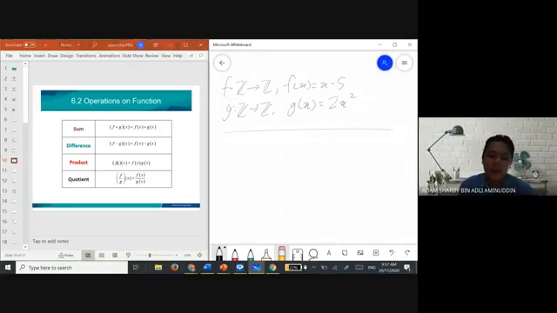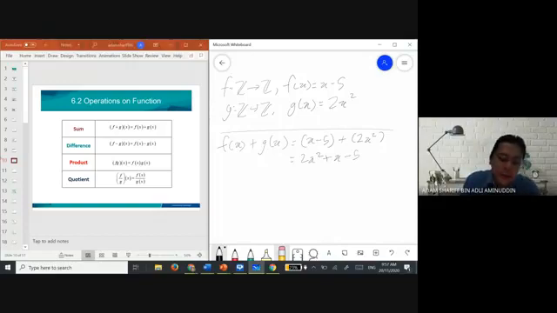If you need to find the sum of f(x) plus g(x), you just add up x minus 5 plus 2x squared. It becomes 2x squared plus x minus 5. Just add. But be careful when adding if you have a negative. Make sure you have brackets. It's a good practice.